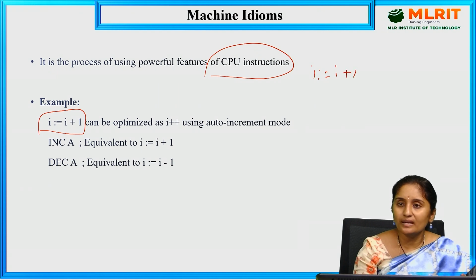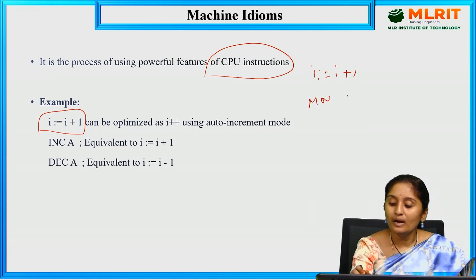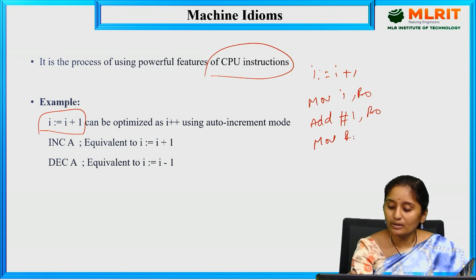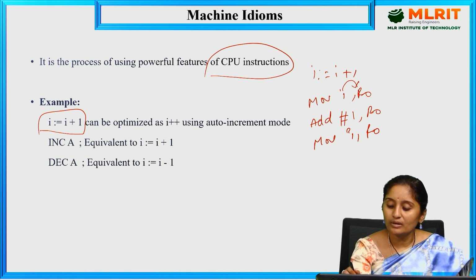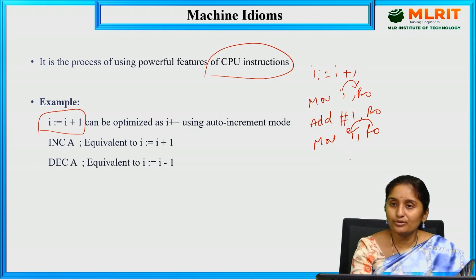To do this, generally in assembly code we write move I comma R0, then add constant value 1 comma R0, and then move R0 comma I. So initially the I value is moved to R0, then 1 is added to R0, and the result is stored in I. This is what we generally do in assembly.